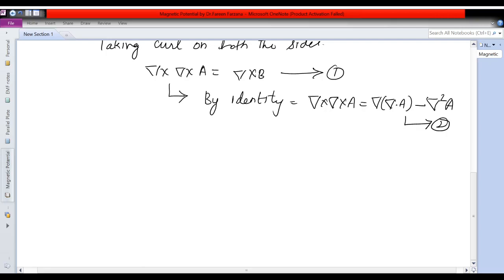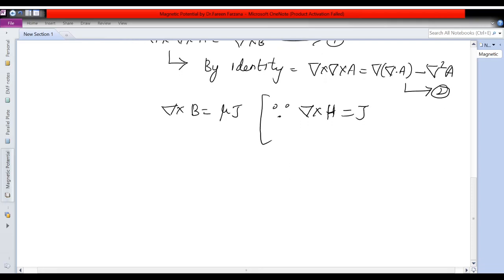Okay, now we very well know that del cross B is equal to mu into J. Now I have to tell you how you got it. We very well know that del cross H is equal to J. This is your point form of Ampere circuital law.